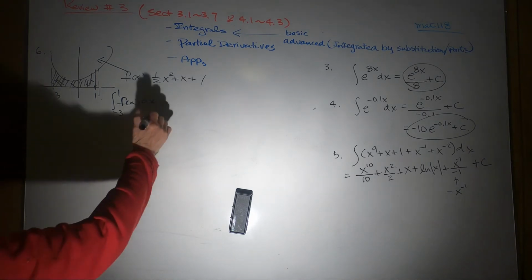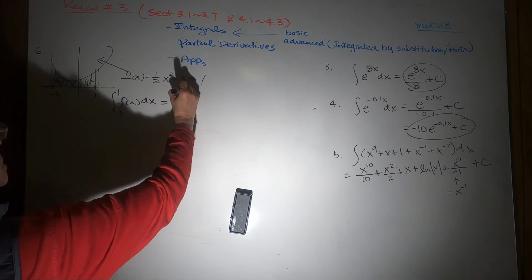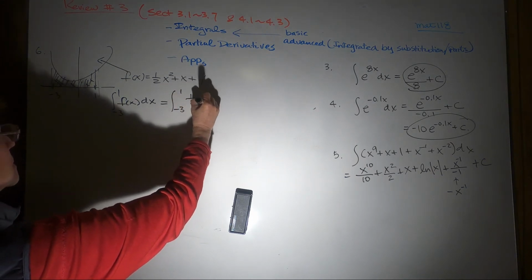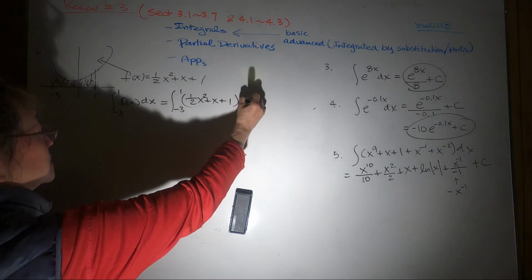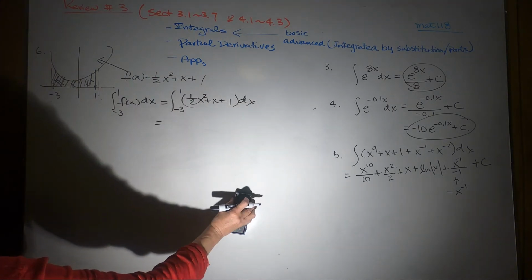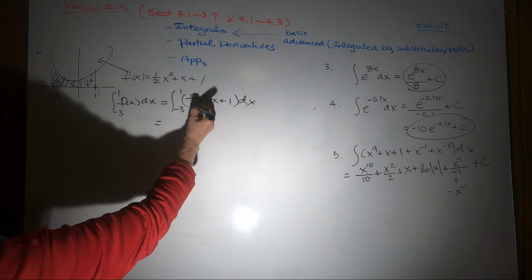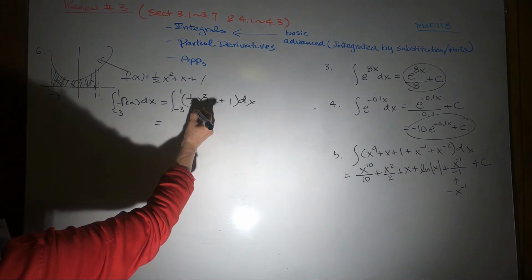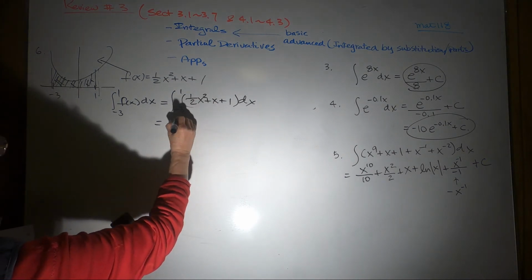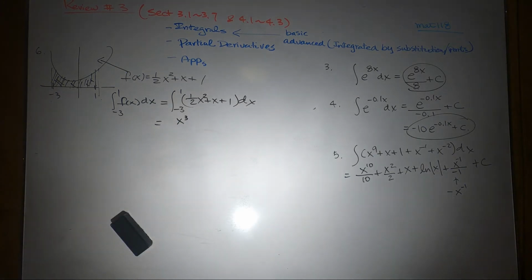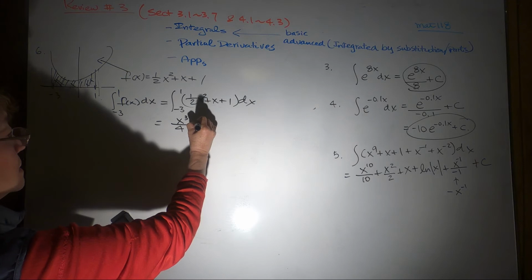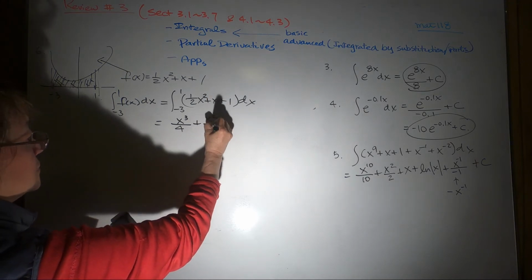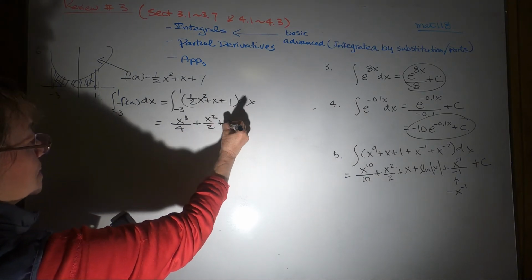Then we use the area to find the average, to use this concept to do that. So what do we do? We do the definite integral, right? Then which will be what? Divided by 2, that would be 1 level higher, x cubed over 3, right? Then this one will be x squared over 2, this one will be x.